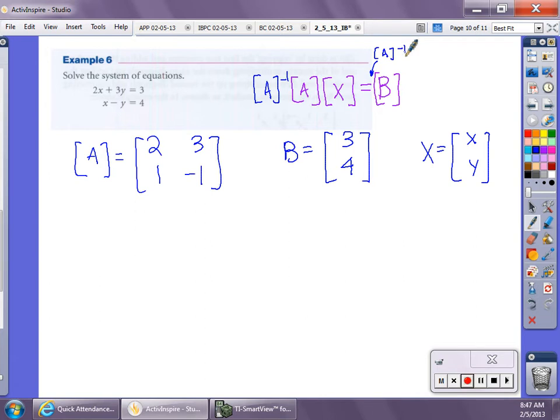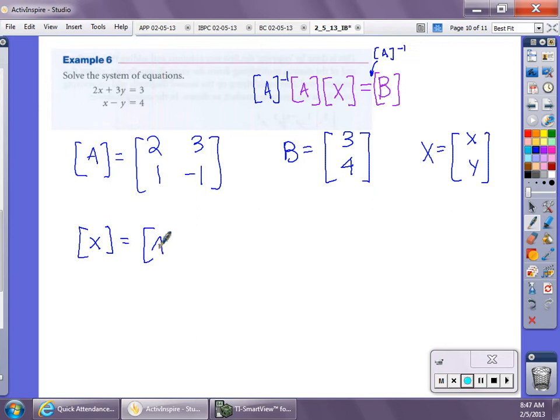So they have to go in that same order. In normal equations, we don't really care about multiplying order. 2 times 3 is the same as 3 times 2. In matrices, it does matter. If you multiply A times B versus B times A, you will most of the time get a different answer, unless they're multiplicative inverses.